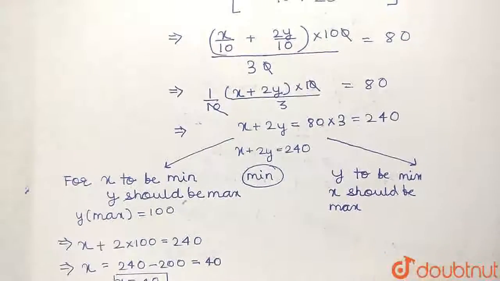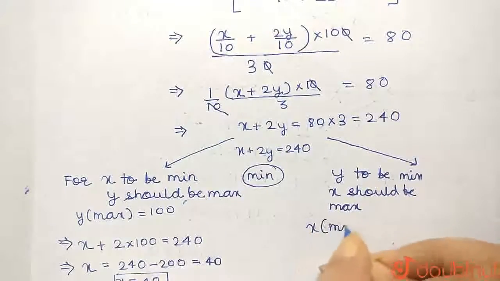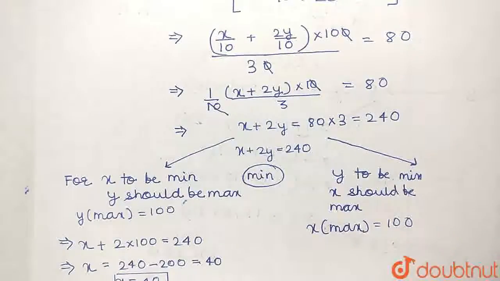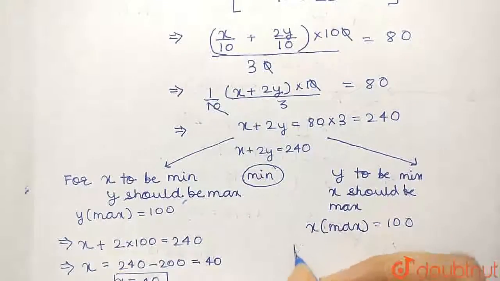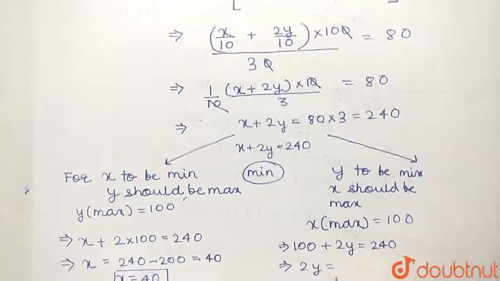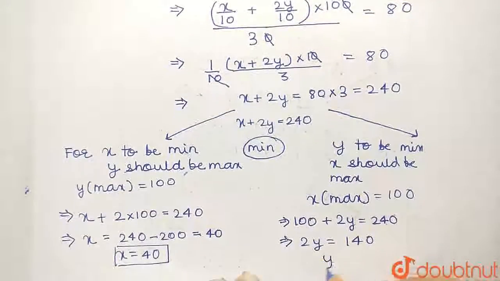When Y is minimum and X is maximum, once again X max can be equal to 100 since X is also a concentration term. So 100 plus 2Y equals to 240 from this equation. So that implies 2Y equals to 240 minus 100, that is 140, or Y equals to 70.